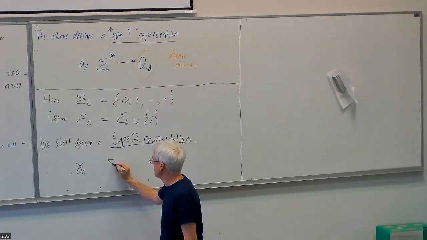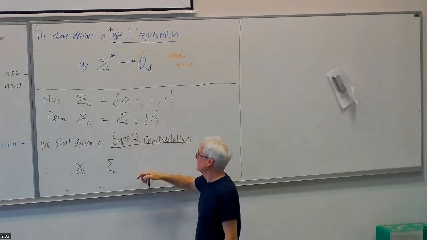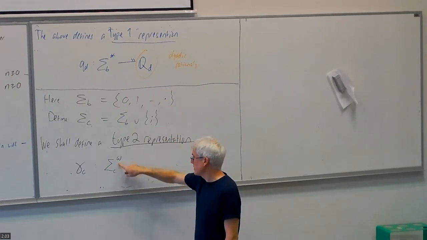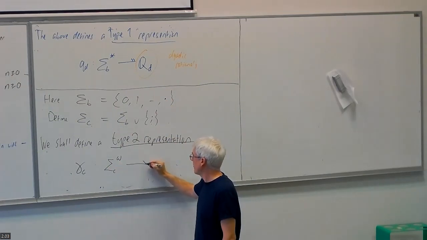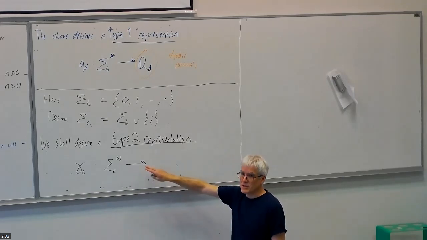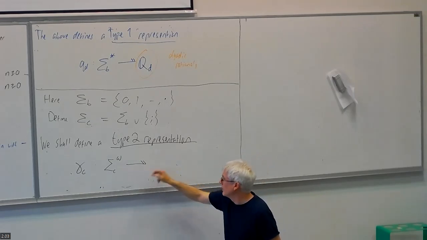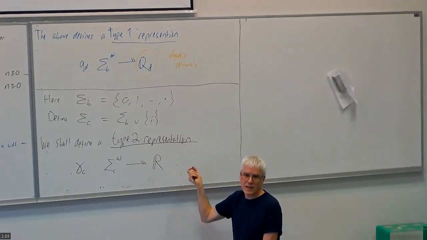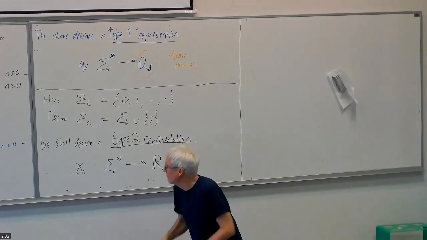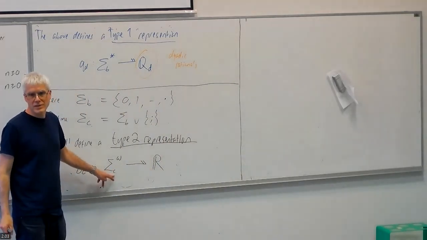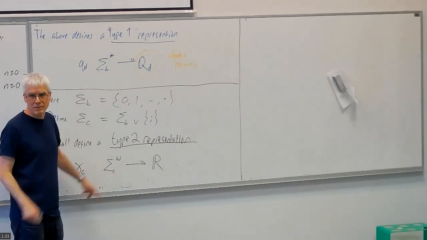That's going to be a representation using symbols from the Cauchy alphabet, but now representing infinite words, so we've got the omega here. It's the set of infinite words over the alphabet. And by a representation, we again mean a surjective partial function from infinite words to the real numbers. It wants to be surjective in that we want a representing name for every real number. And it can be partial because we're not going to require that every infinite sequence of symbols represents a real number, just well-behaved sequences.